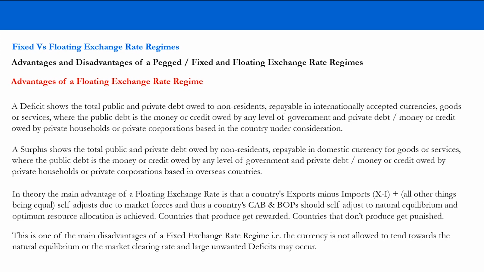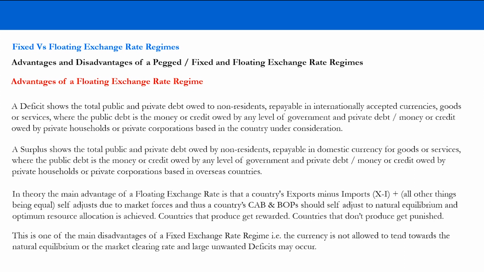And in theory, the main advantage of a floating rate is that when these things get out of whack, a country's exports minus imports, keeping all things equal, so if we fix everything else, it's supposed to self-adjust due to market forces.